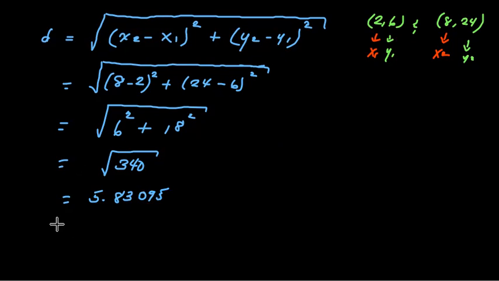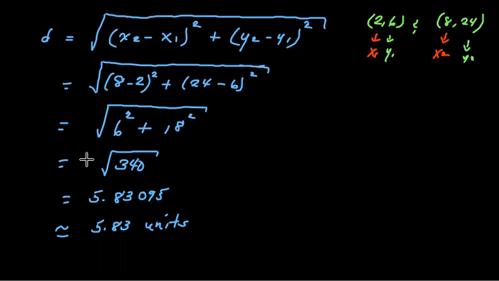But what we want to do is bring this down to 3 significant figures. Okay, so I get 5.83, and my units is just going to be units.